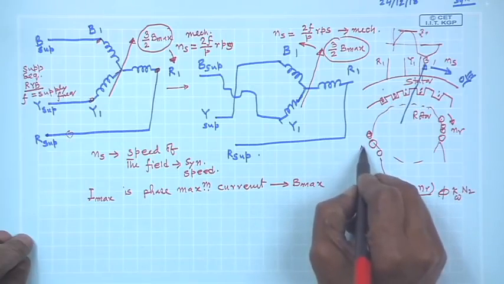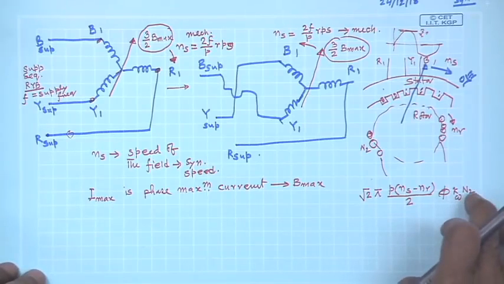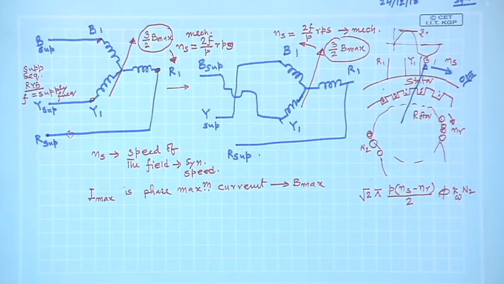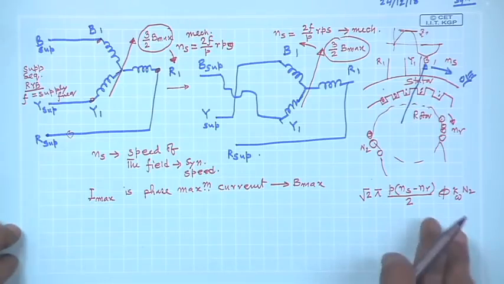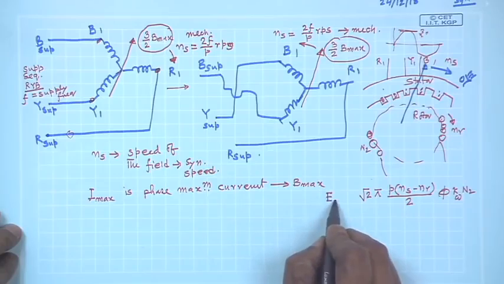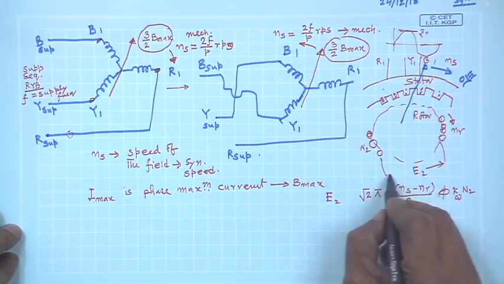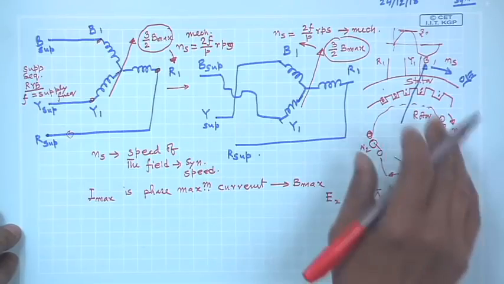Suppose N2 is the total number of turns. The physical number of turns is N2, it gets reduced by the winding factor. We know how to calculate kW, which is nothing but kd into kp. So, this will be the expression of the induced voltage across this coil, the RMS value of the voltage.